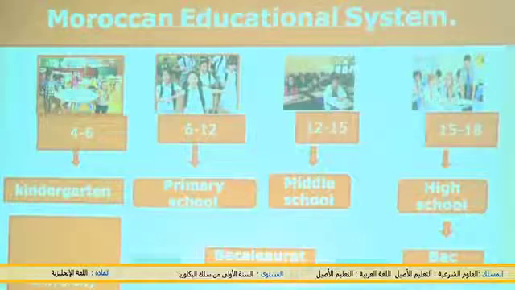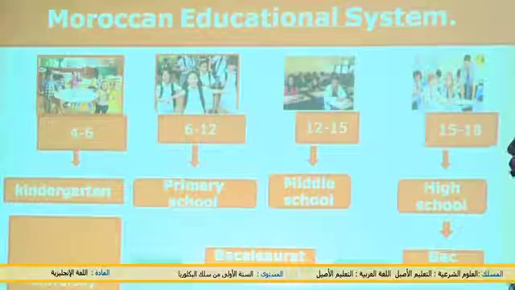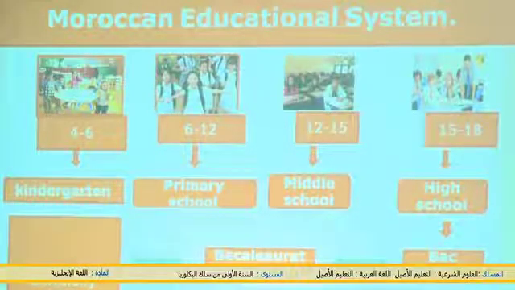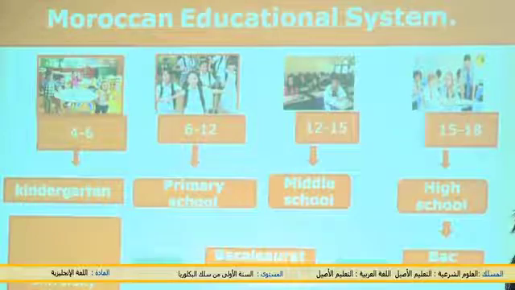The second stage is called the primary school. Primary school in Morocco is compulsory at the age of 6. So all the students must go to school at the age of 6.